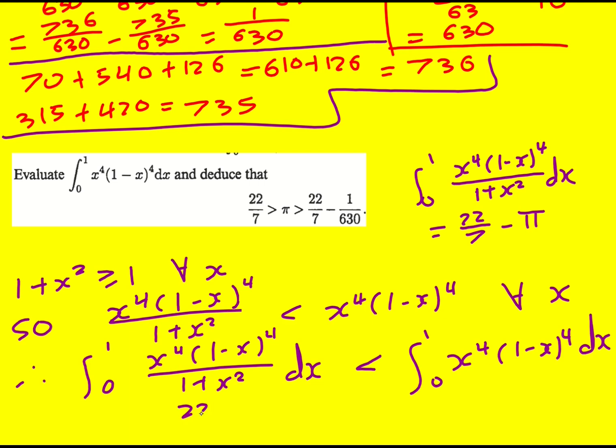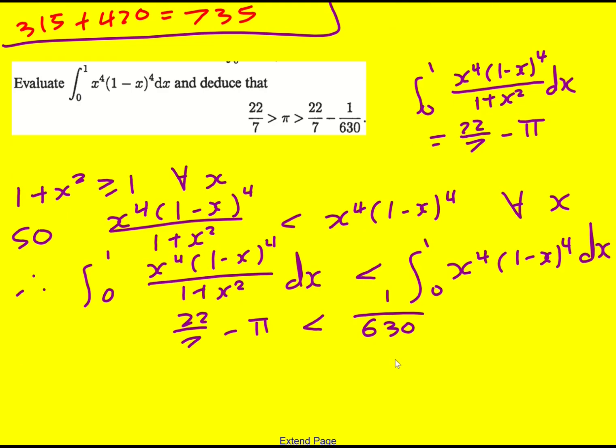So 22 over 7 minus pi is going to be less than 1 over 630. We can rearrange this so that pi is greater than 22 over 7 minus 1 over 630. We've got this first part of the inequality.